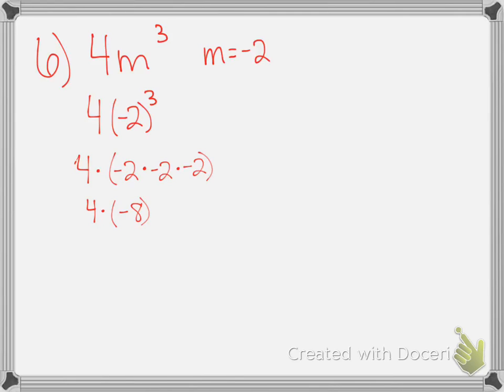So negative 2 cubed is a negative 8. And then, yes, I heard somebody say when we multiply 4 times negative 8, we get negative 32. All right. Questions about 6 before we talk about 7?